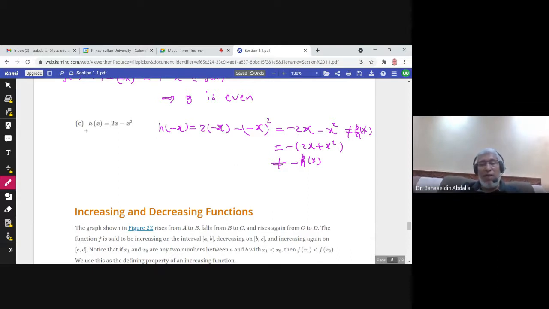And if you multiply h by negative, what is negative h of x? It is negative 2x, and negative times negative would be positive x squared. So it is not like this, because here I have negative 2x, negative x squared, not positive. So h of negative x is neither equal to negative h of x nor equal to h of x. So h is neither even nor odd.